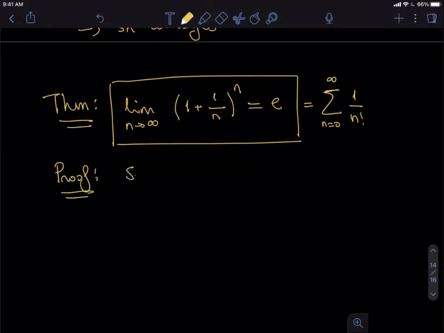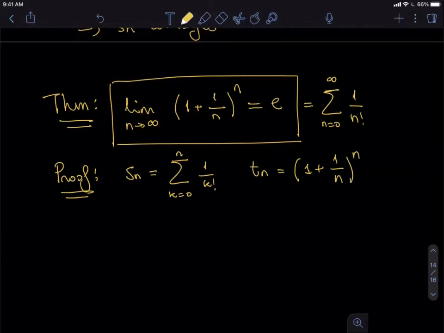Okay, so how are we going to do this? Let us take the partial sums, okay, from 0 to n of 1 over k factorial, and let me call Tn the general term of the sequence 1 plus 1 over n to the power n.